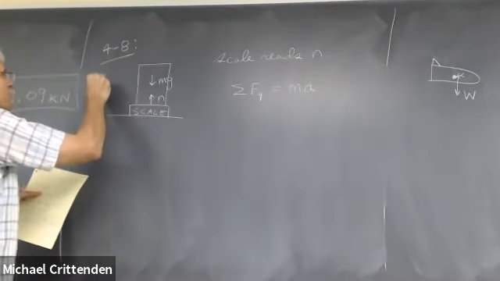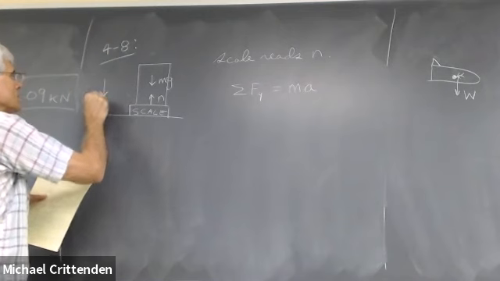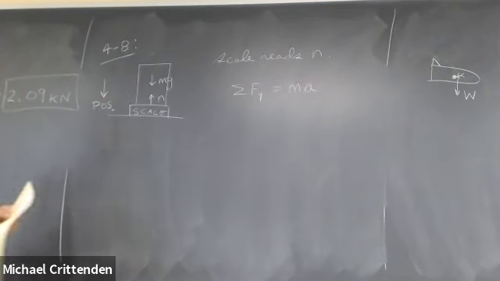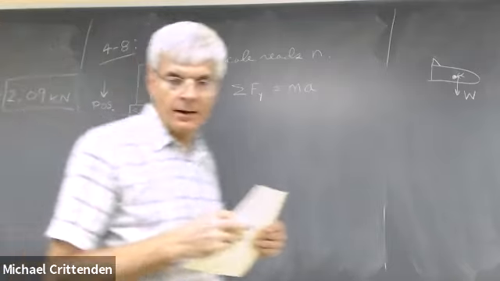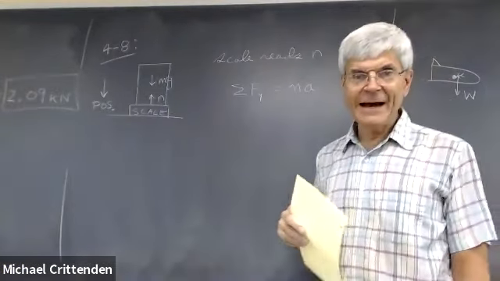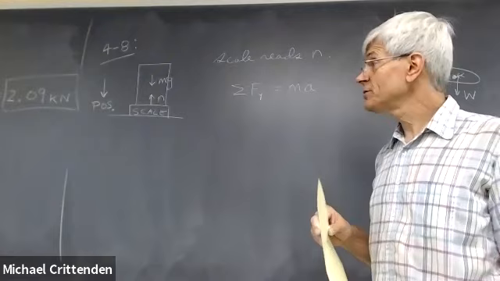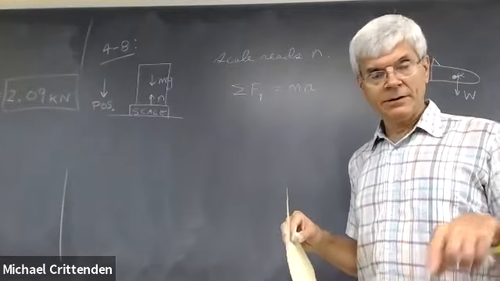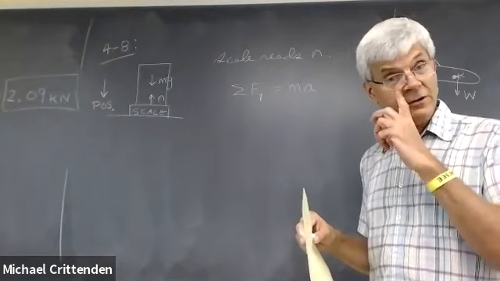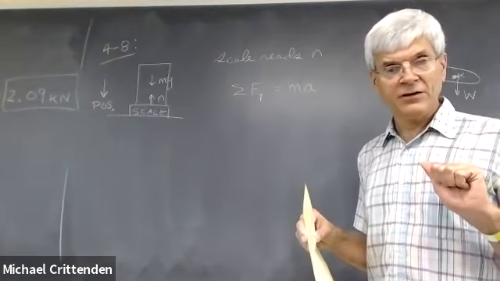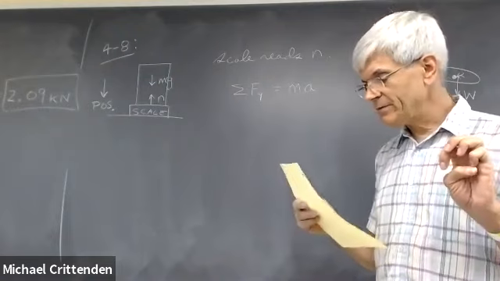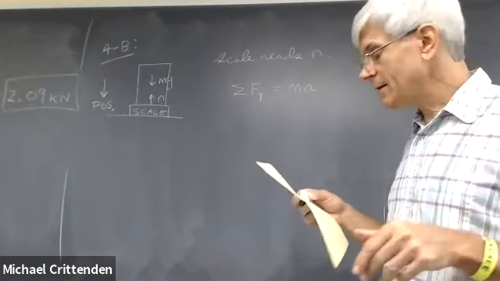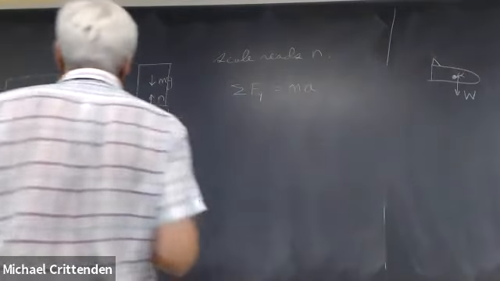It's going to be convenient to say down is positive. That's the direction of your acceleration. You're going around in a circle. You are accelerating toward the center of the circle. So let's set things up so the acceleration is a positive number. So a little easier to avoid getting ourselves into trouble that way.